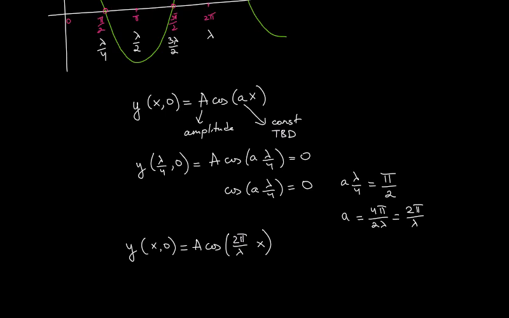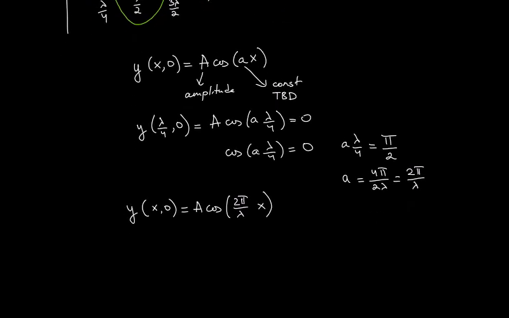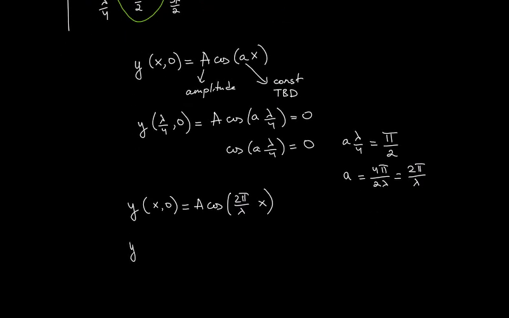So now let's remember our discussion of pulse. If the wave moves to the right during the period of time t, then in the general case we could say y(x,t) equals A cosine of 2 pi over lambda times (x minus vt).